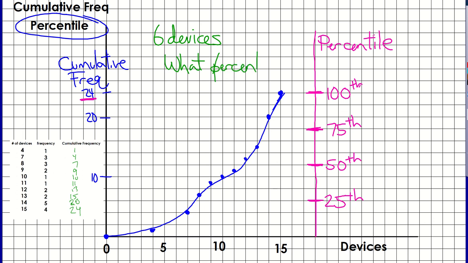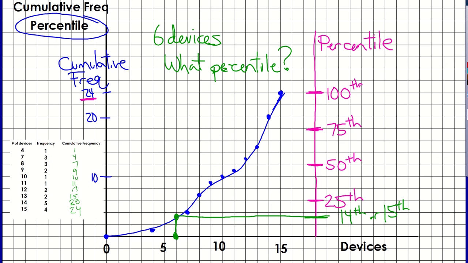In order to figure out what percentile that would be in, I'm going to find the 6 devices along the x-axis, which would be here, and I'm going to go up to see where I hit my graph on that, and then I'm going to drag that across to see what percentile that would be, and then I can estimate that. That estimate to me looks like about the 14th or the 15th percentile.